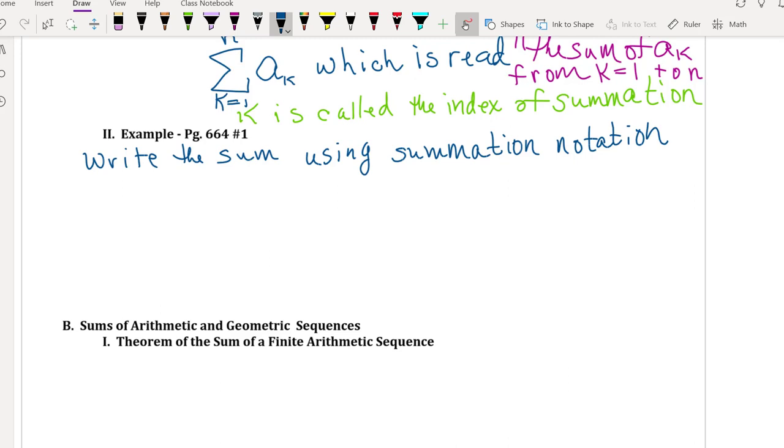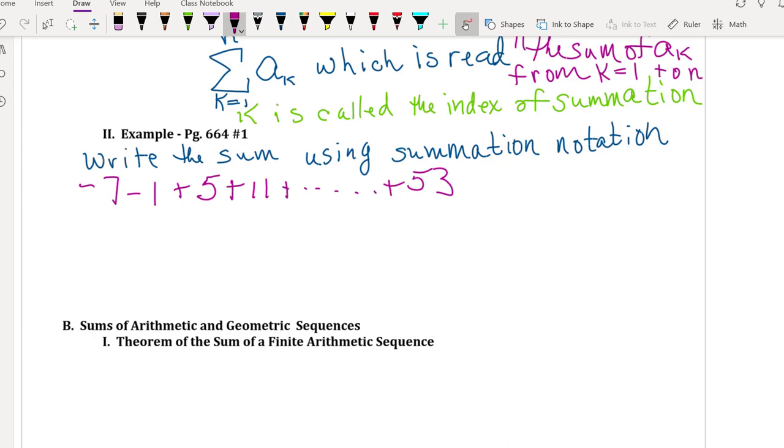So here is what is given. Negative 7 minus 1 plus 5 plus 11 plus, and then so on to plus 53.